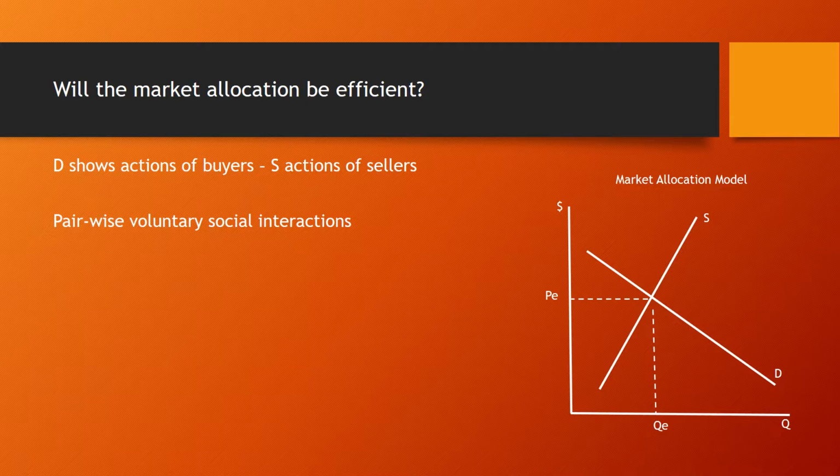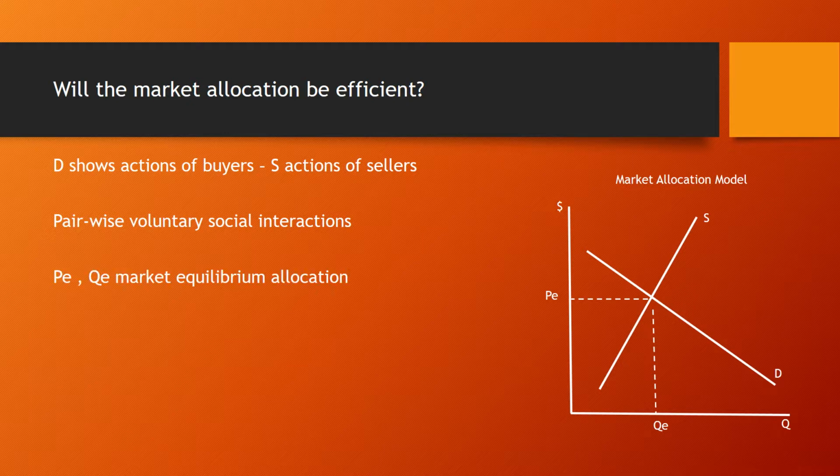Now, the market allocation model depicts the results of a large number of pairwise voluntary social interactions. I emphasize that the world we see around us with respect to the market process is made up of separate pairwise social interactions between a buyer and a seller, and that there are a very large number of such social interactions.